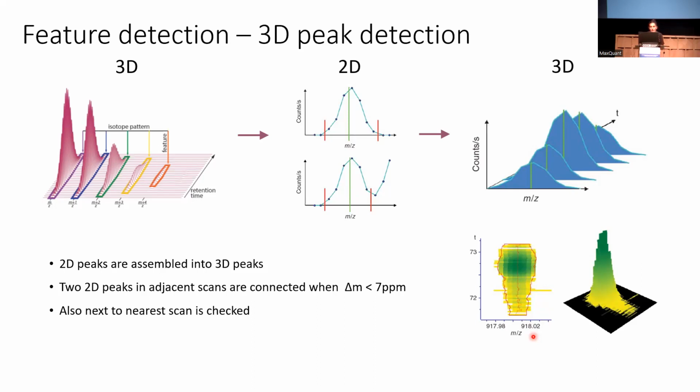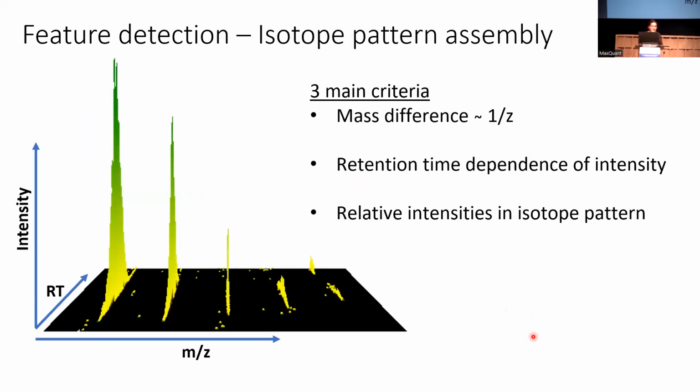Okay, so now we found the features, but now we have to put together the isotope patterns. So how will we do that? We will have some criteria to help us do that.